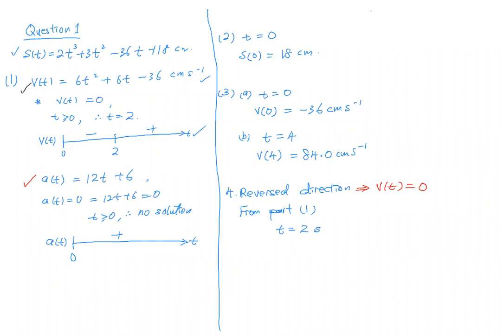They ask for position. Draw the sign diagram? No, they ask for position. That means they ask where is the object at 2 seconds. If I ask for position, I am asking this: where is the object at 2 seconds. So which one should I sub in?